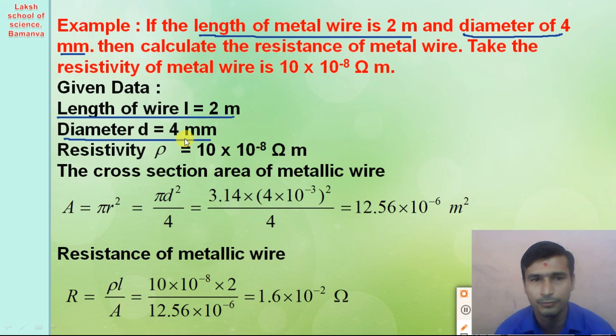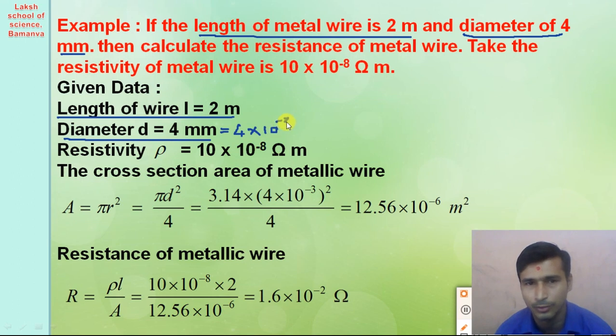But here we must convert 4 millimeter into meter. So the 4 millimeter diameter is converted into meter like this: 4 into 10 raised to power minus 3 meter.